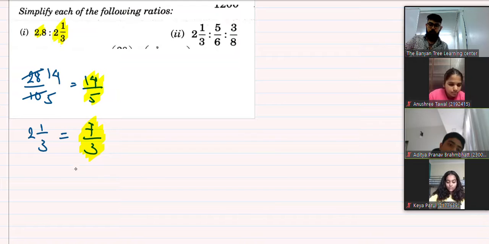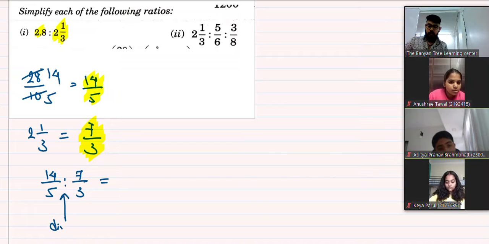Now I'm going to write these two improper fractions as a ratio, that is 14 upon 5 is to 7 upon 3. If you want to simplify this, just imagine that the ratio sign is nothing but division.